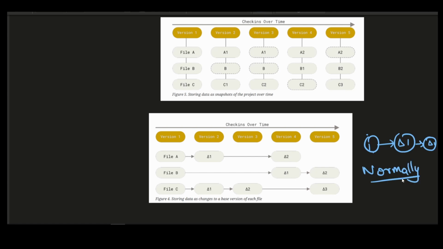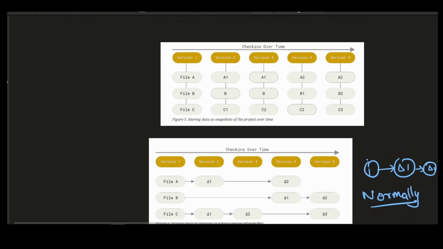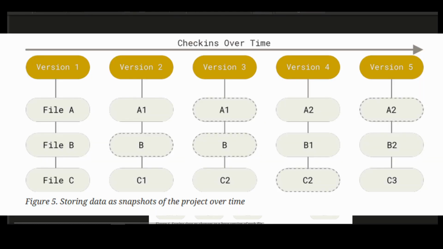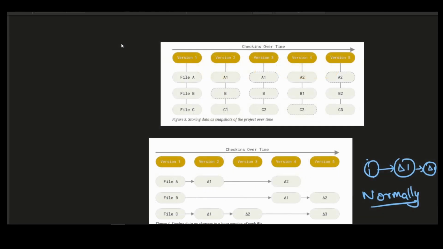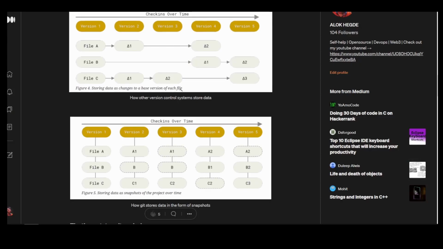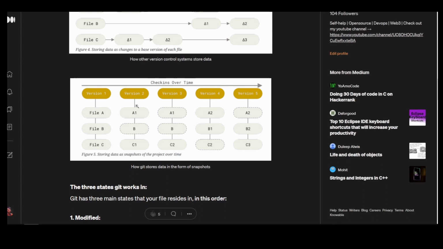Now in Git, how it works is every time it creates a new version, it creates a snapshot. You know what a snapshot is, no? Like if you use Snapchat, it creates an image of the whole project. In a file-based manner, like how it happened here, it stores it in the form of snapshots, which means every time anything new is added, it creates a new version of it.